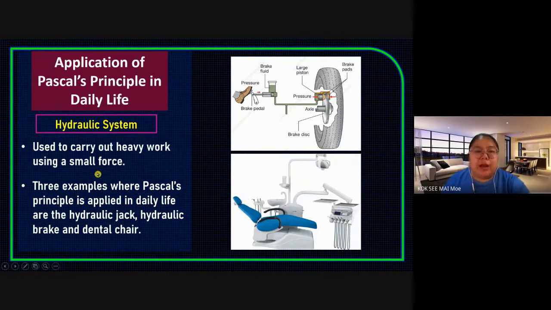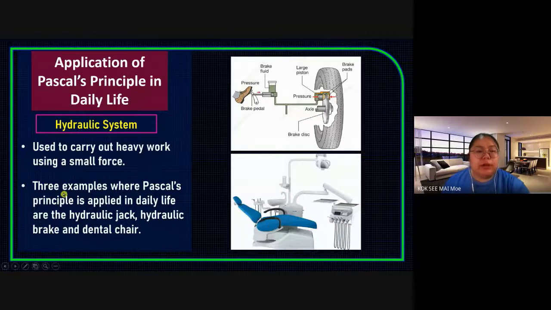It is used to carry out heavy work using a small force. You are very heavy, so how do they lift up your body? They only use a button. That one button means it is like you compress, and after that the pressure brings the liquid to go, and then they lift up your body. So that one is the output piston.